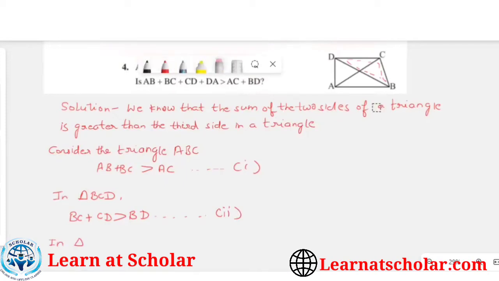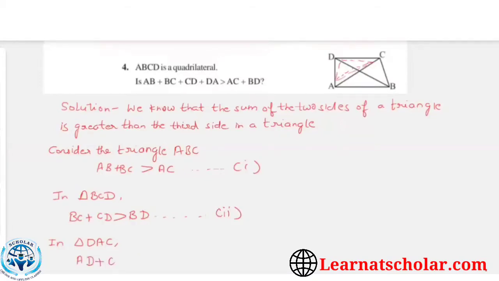Consider the third triangle. This one, DAC or ACD. AD plus CD is greater than AC. This is the third equation.